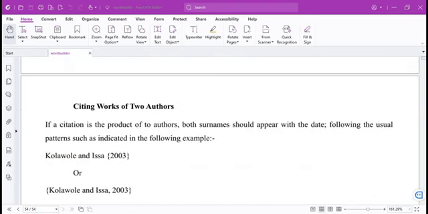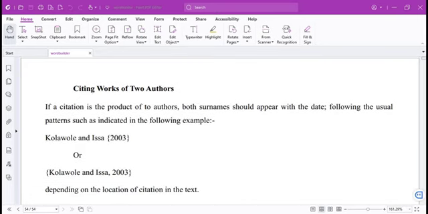Citing works of two authors. If a citation is the product of two authors, both surnames should appear in the date following the usual pattern such as indicated in the following examples. Just like we have above, in this case we have two authors.